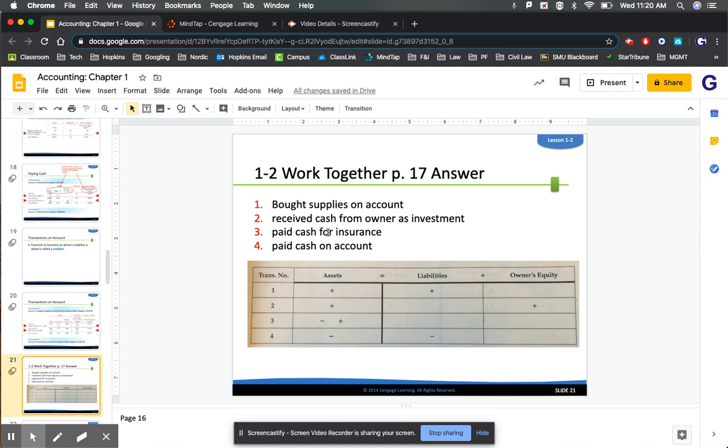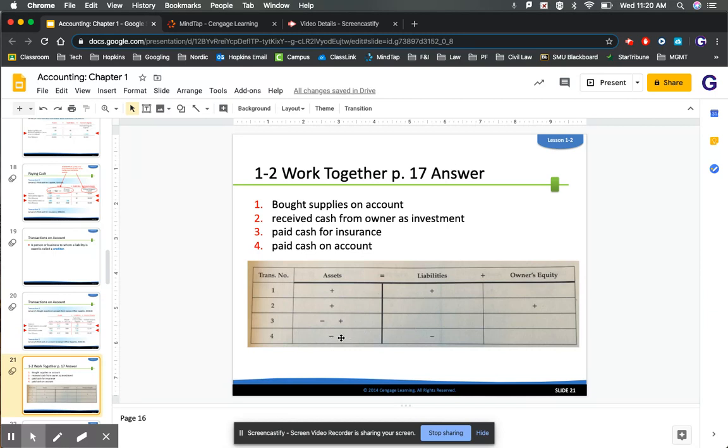Paid cash for insurance, well, cash and prepaid insurance are both asset categories, so you know you're going to be on this one side of the equation. In this case, you're going to pay cash for insurance, so cash goes down, negative, and prepaid insurance would go up. That's a canceling out sort of transaction, so that each side stays the same. And then lastly, paid cash on account.